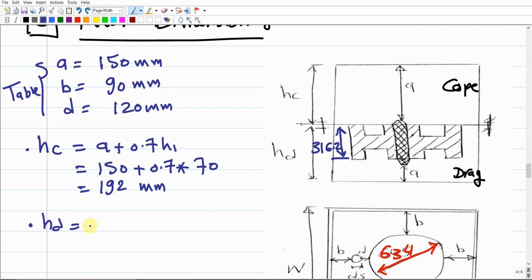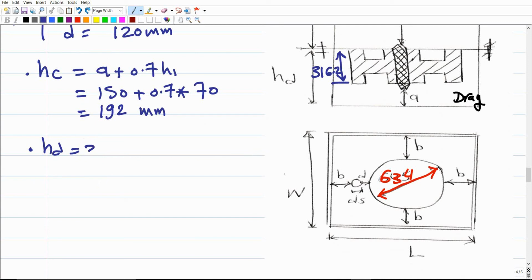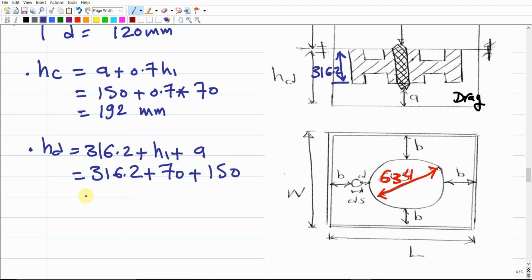So the drag height should be 316.2 plus the H1, which we got before as 70, plus the A, which is the 150 from the table. If we sum all of these values together, we end up with 536.2 millimeter. This should be the height of the drag.